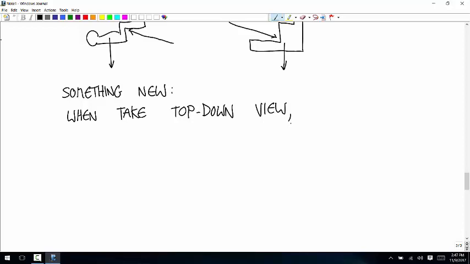We haven't seen that before, okay? So when that happens, any force that isn't in the plane of your coordinate system, you can just leave out. So it's not like weight isn't acting, it just isn't acting in your coordinate system. So whenever you take a top-down view, you can ignore the object's weight.